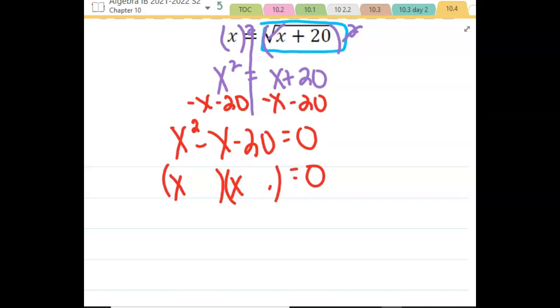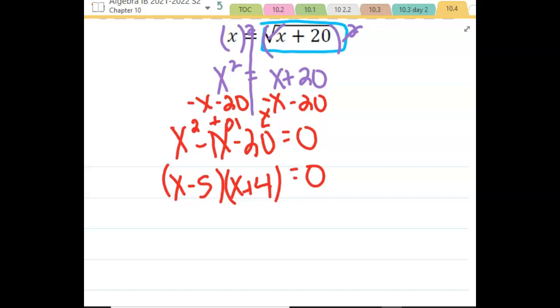And to fill in the rest of the numbers, you know that these two numbers multiplied together need to give you negative 20, and those two numbers added together, the O and the I, add to give you negative 1. What multiplies to give you negative 20? A negative 5 and a positive 4.